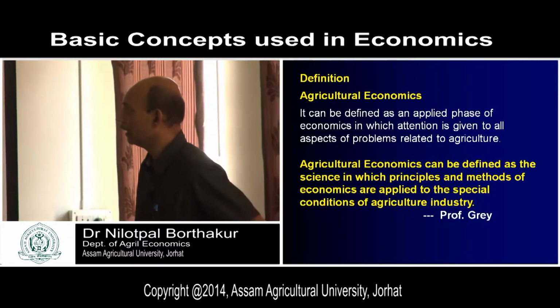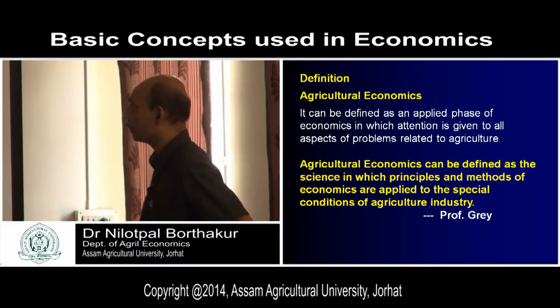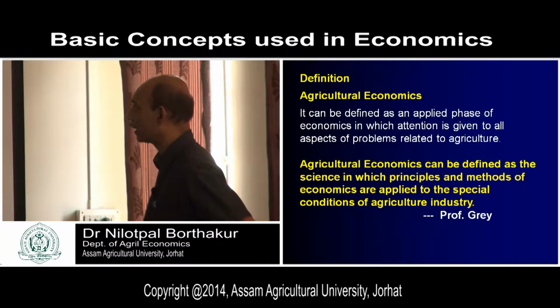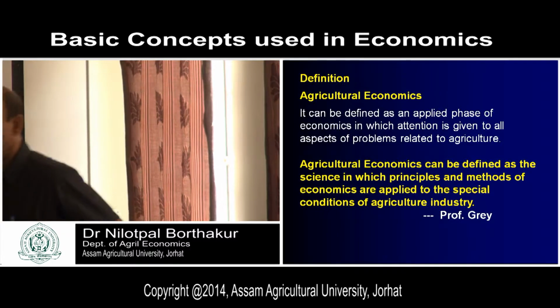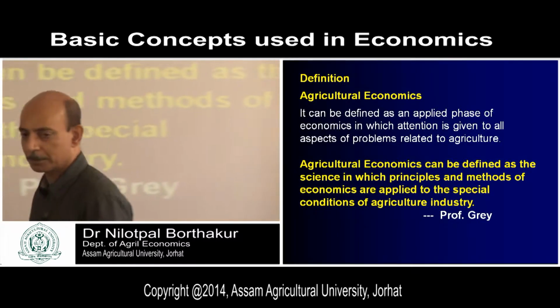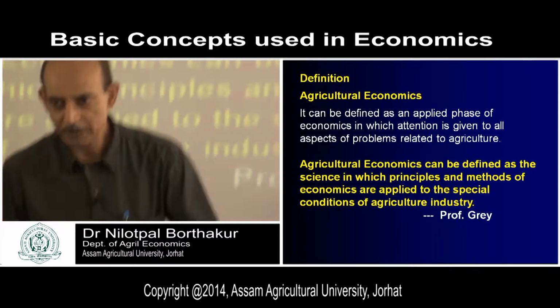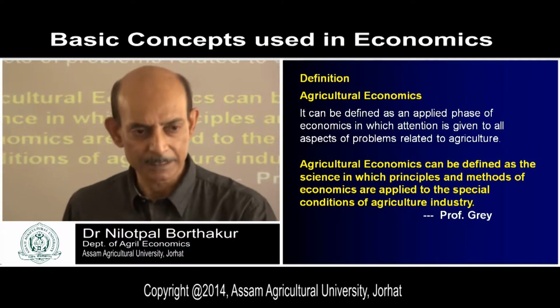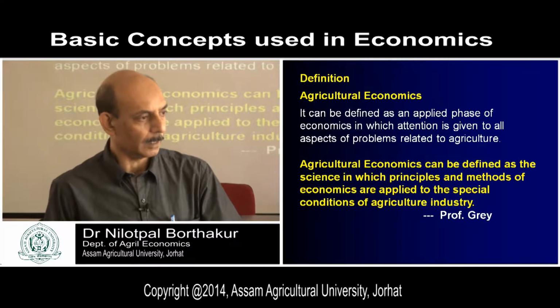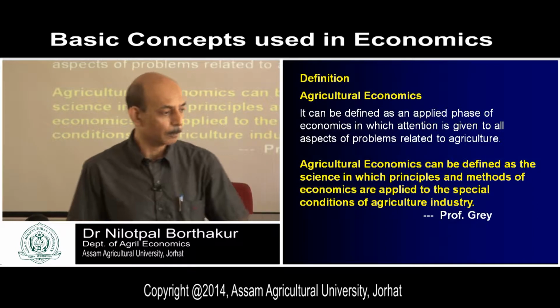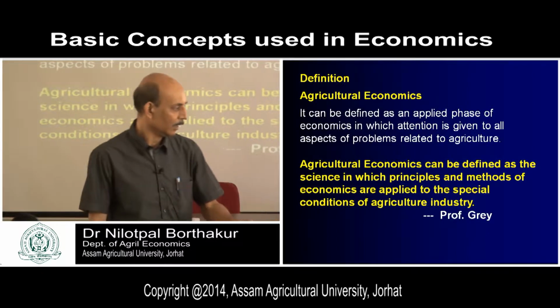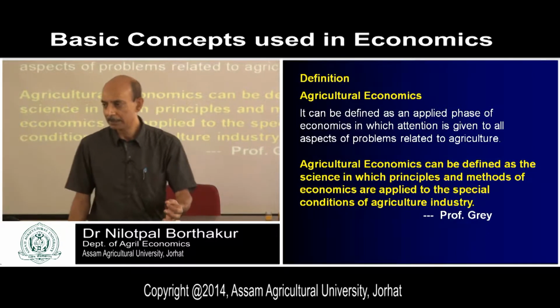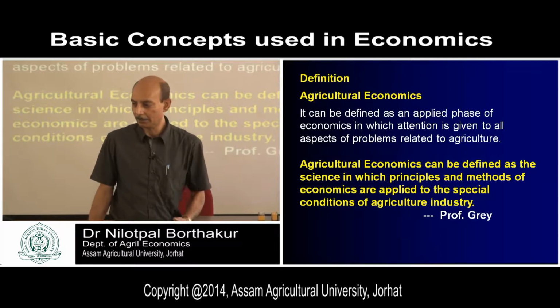It can be defined as an applied phase of economics in which attention is given to all aspects of problems related to agriculture. All aspects of problems means production, processing, marketing, distribution. In all these aspects, when economic principles are applied, then this is called agricultural economics.